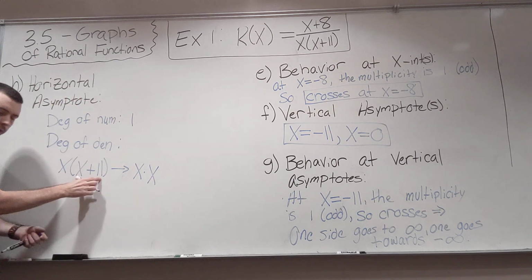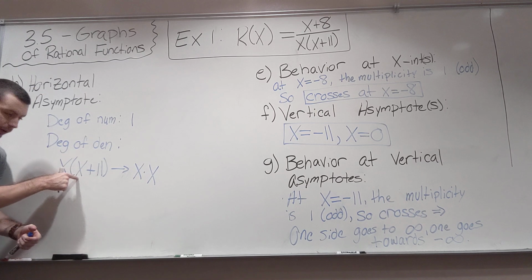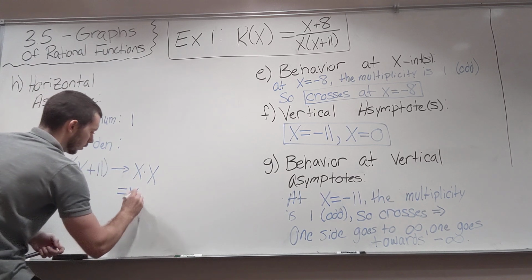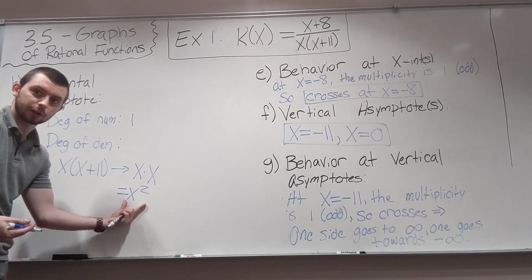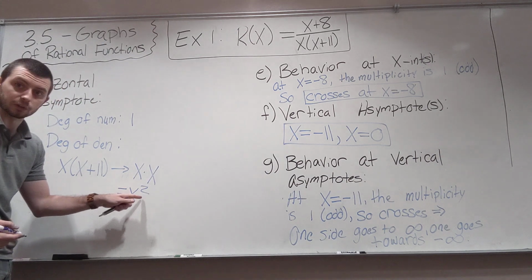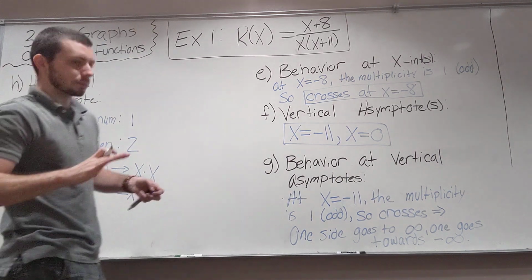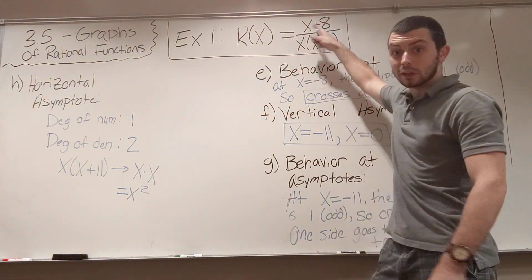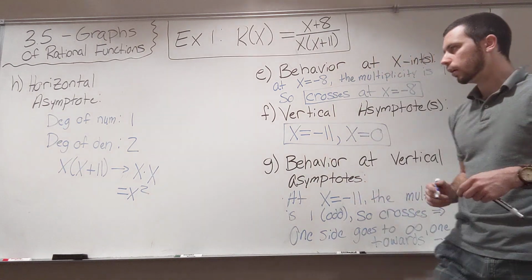So notice x plus 11 now reduces to x because this x right here dominates that 11. Which means that the leading term is x squared, and that tells us that the degree is 2. So again, notice that 2 does not show up anywhere in this function, which is why term domination is so important.